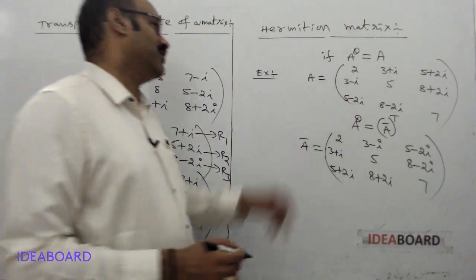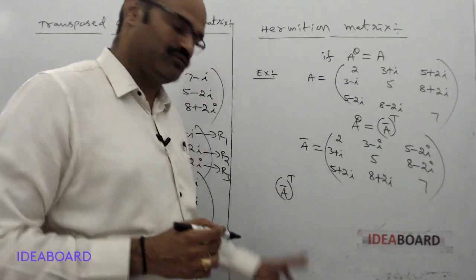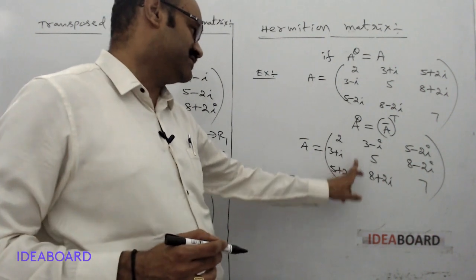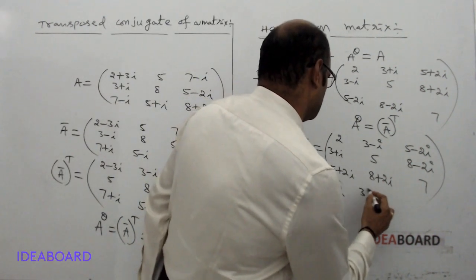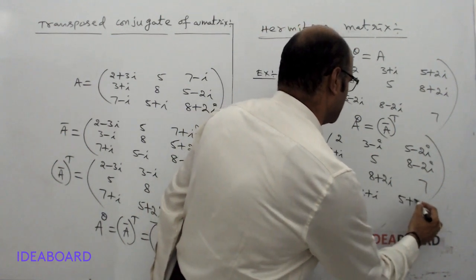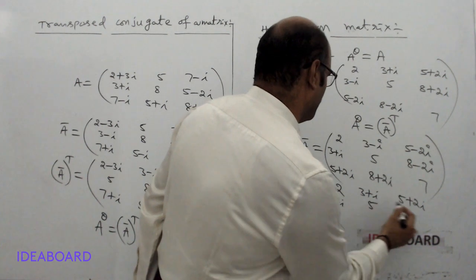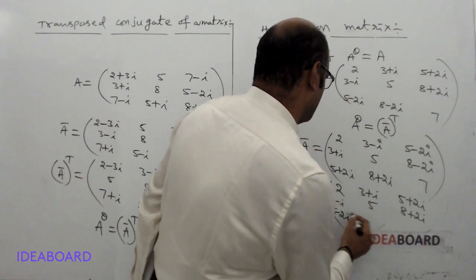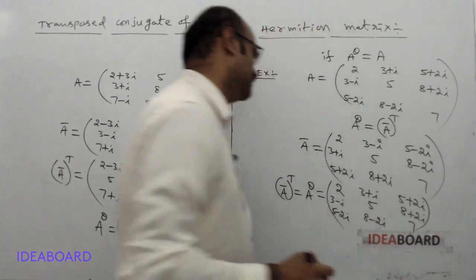Now, A bar whole transpose equal to A power theta equal to the transpose of this matrix: 2, 3 plus i, 5 plus 2i, 3 minus i, 5, 8 plus 2i, 5 minus 2i, 8 minus 2i, 7.